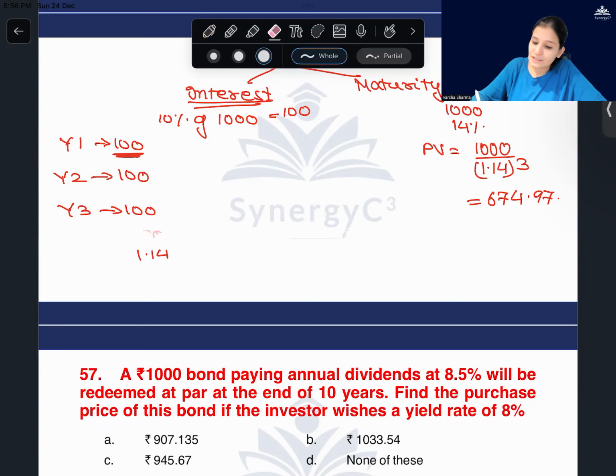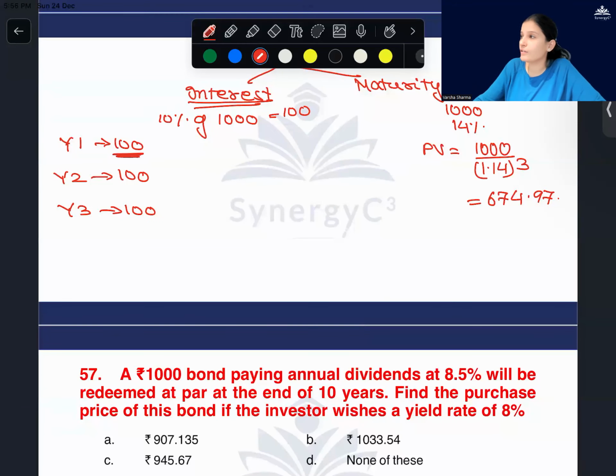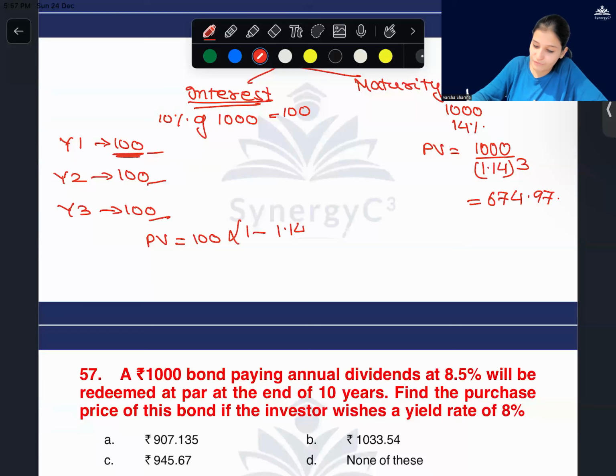Why do we need this? Use your head. I'm writing wrong. This 100, 100, 100 is what? Annuity. Directly calculate the present value for 3 years. So what will be the present value? 100 times 1 minus 1.14 to the power minus 3, upon 0.14.